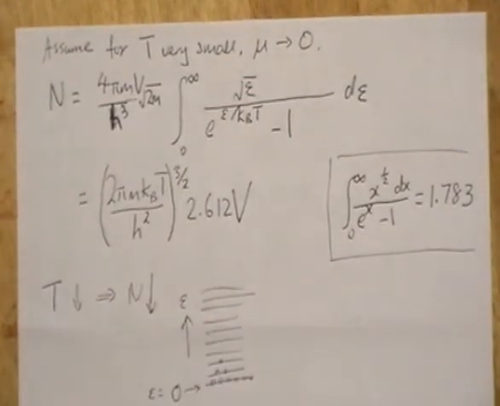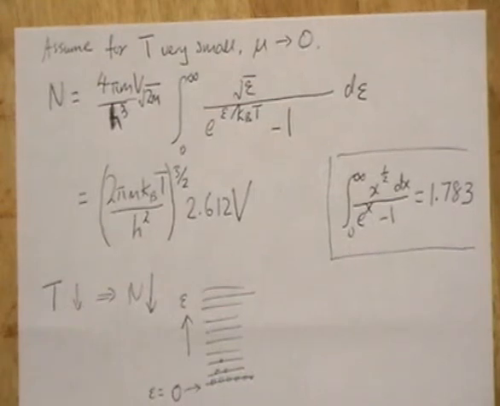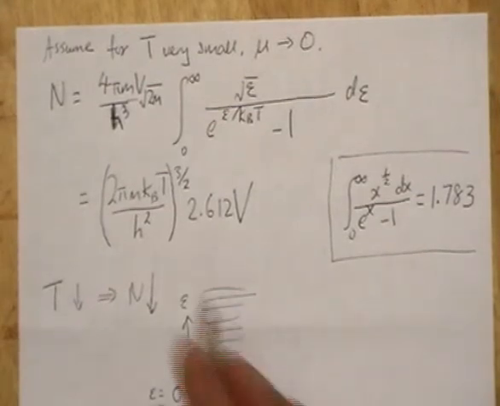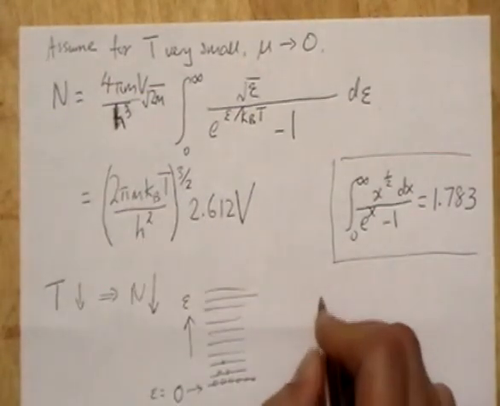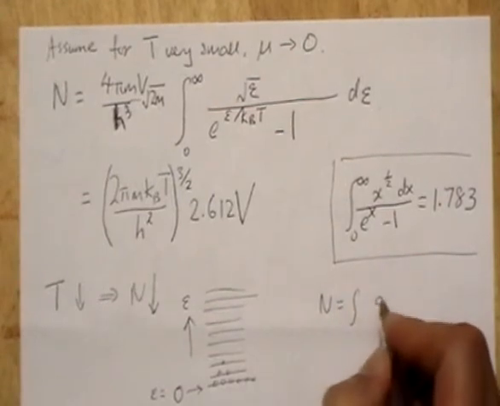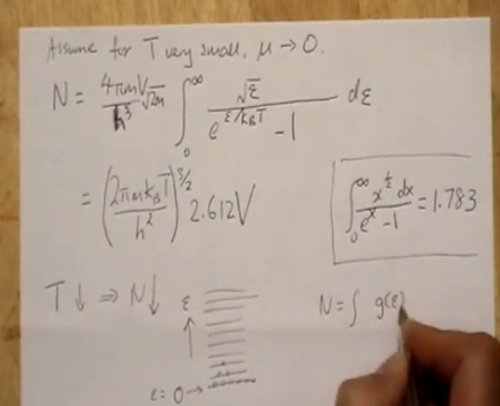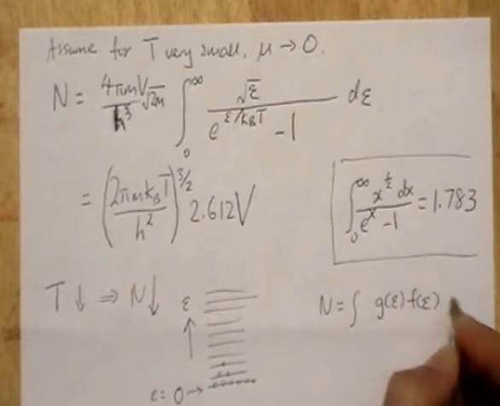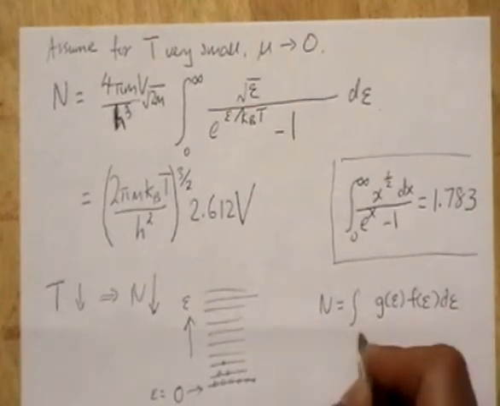Now there is a reason why that would happen if particles start going into the ground state. Let's recall the expression for n in terms of density of states. So n is density of states times Fe, integrated.